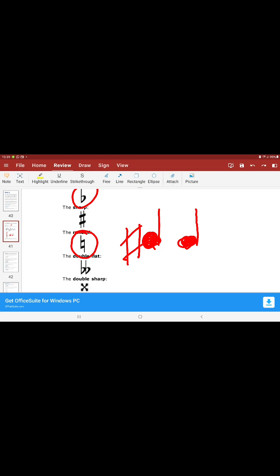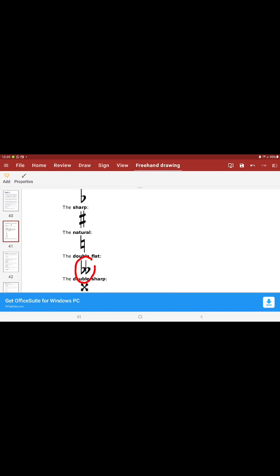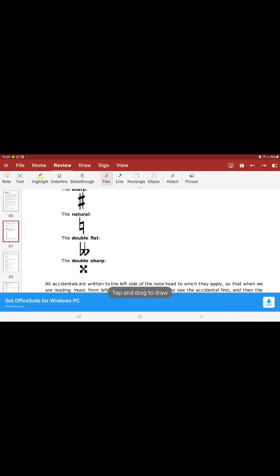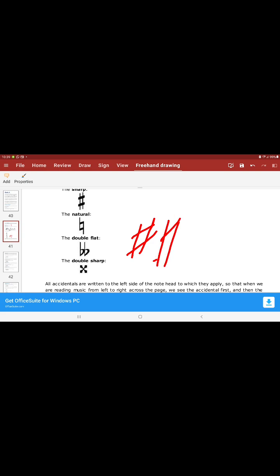Like I've told us, we also have double flats. So you can see there double flats. For a double flat, you can see how the flats are written together. But for a double sharp, instead of having two sharps like this, you can see how we denote a double sharp.